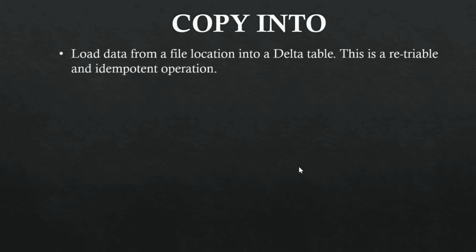Now, let's see what is copy into. Copy into means you are loading the data from a file location into a Delta table. And when you are loading the data into your Delta table from a file location, that operation can be retriable and idempotent in nature. What does that mean?